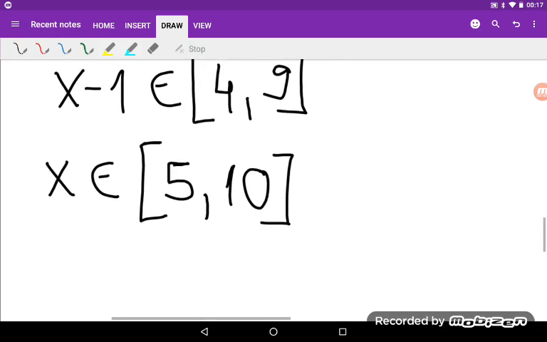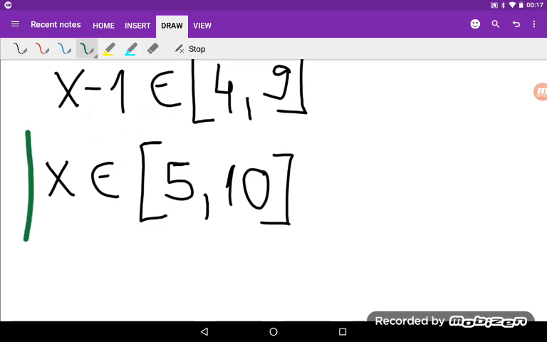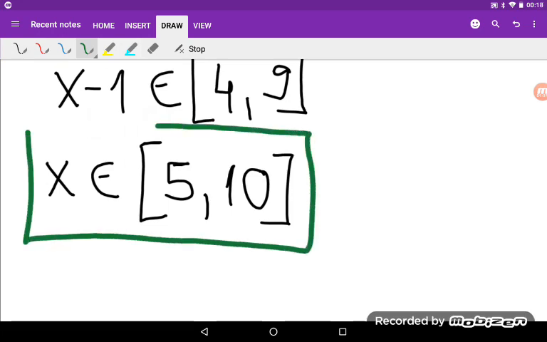Actually this equation has infinitely many solutions, because there are infinitely many real numbers from number 5 to number 10, so that's really interesting. So this is the final answer to this problem.